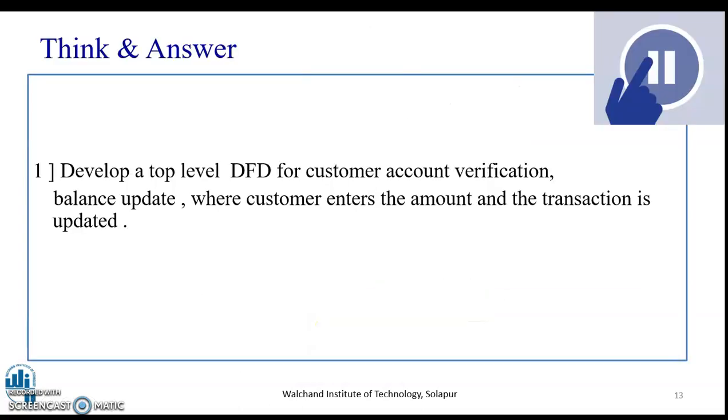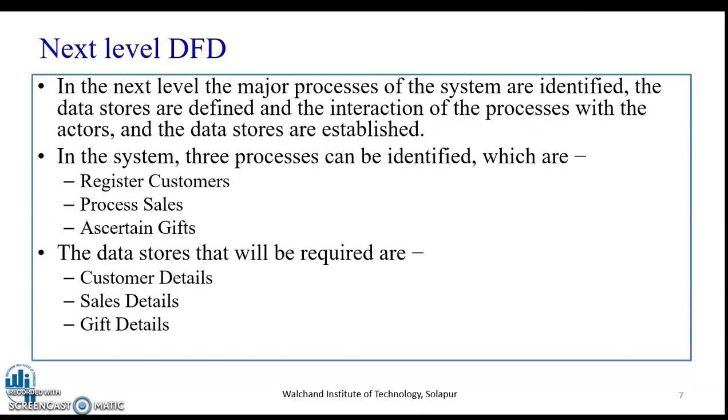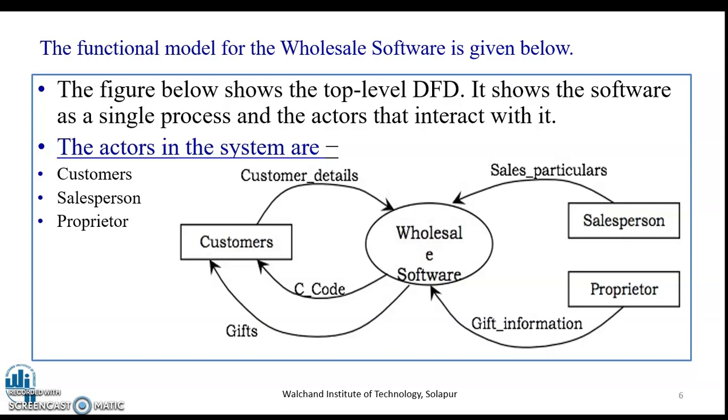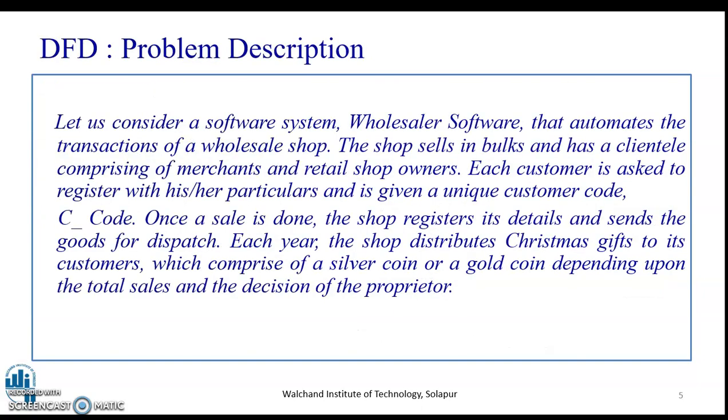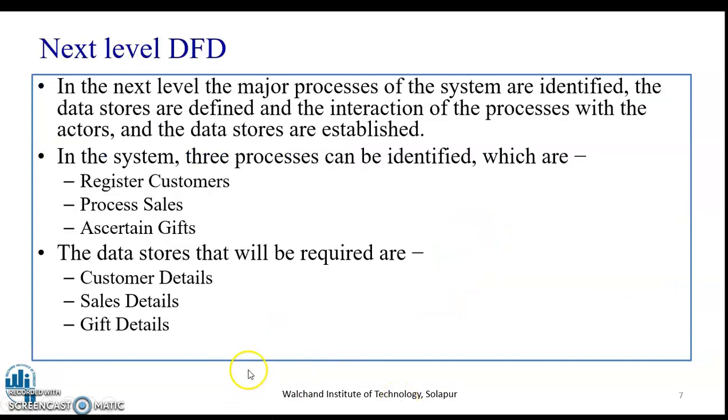Now I just take you back once again to this entire process where we try to see how we have, from this problem description, drawn a top level DFD which was further broken into different processes, and then we have compiled it. So this was again the wholesale software. The wholesale software had three processes: register customer, process sales, and certain gifts, and how these processes further had subsequent processes.